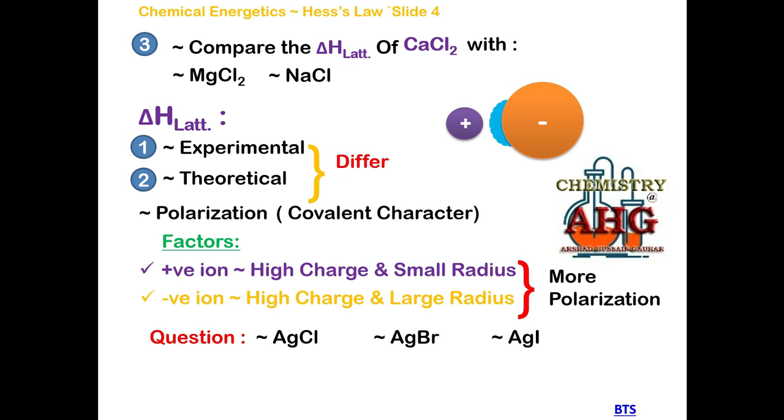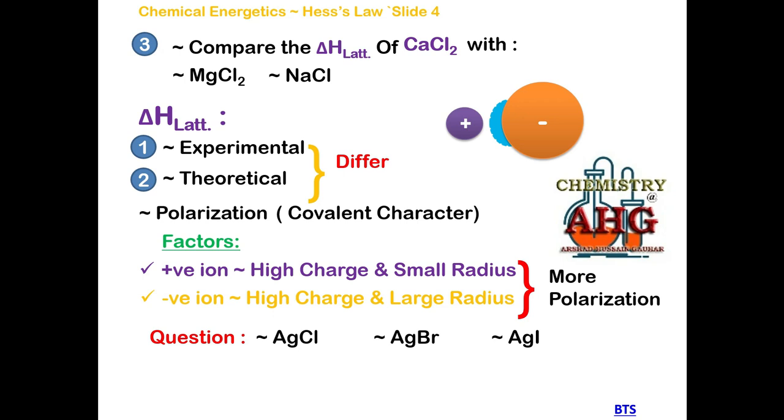In this case, you will ignore the positive silver ion. Why? Because silver ion is a common ion. It has no role to play; it would cause the same polarization. So which ion will control the polarization? The negative ion.